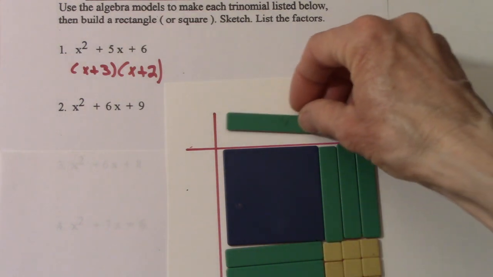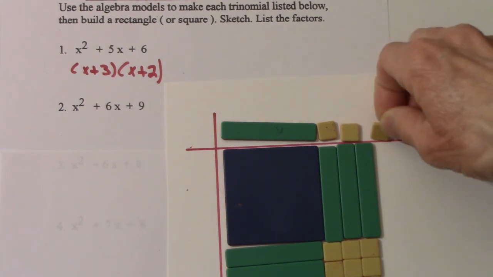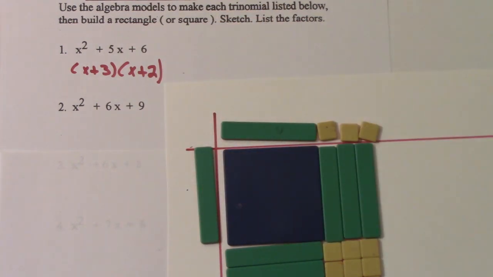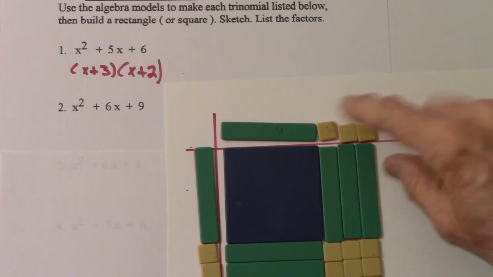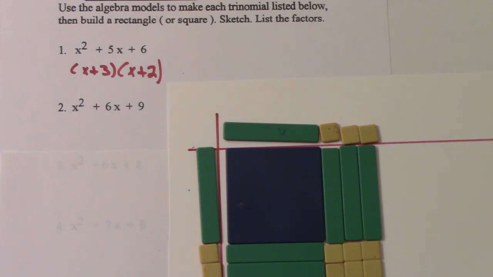So our answer here is x plus 3. And on this side we have x plus 3. So we notice that we have the same factor on the top and on the side. And when that happens, when they're exactly the same, we notice that we come up with a perfect square.